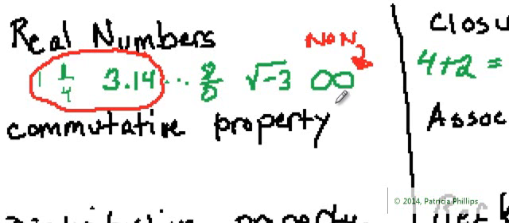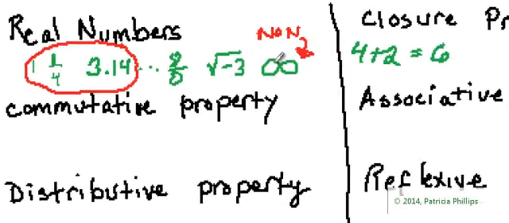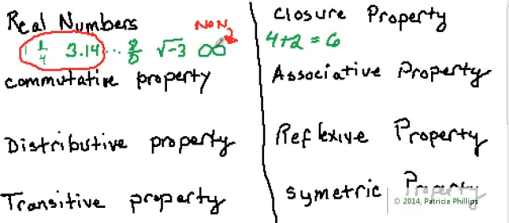And then the other one over here is infinity. That's a non-real number, and it kind of looks like the number 8, but lying on its side. So, there we go. So those are some examples of non-real numbers that you might get to later when you do more complicated maths.